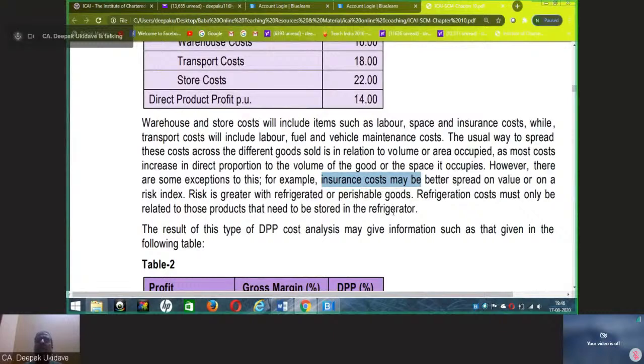If certain activity is required for a certain product, do assign the cost of that activity to that product. Refrigerator van required for transporting, say, aluminum foil. Aluminum foil is a costly material. It has to be kept under lock and key. And that aluminum foil cannot be stored in a general transportation mode. It has to be taken in a refrigerated van, or any perishable products have to be taken in refrigerated van, like milk, for example.